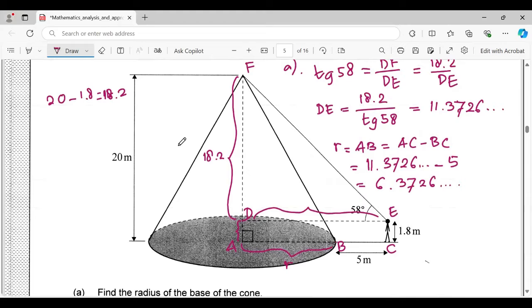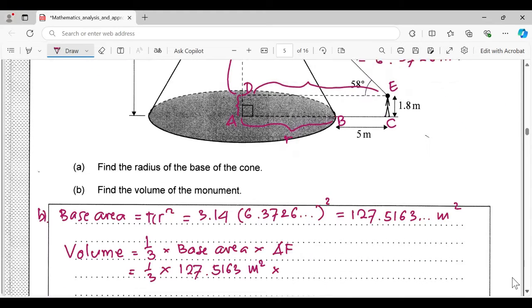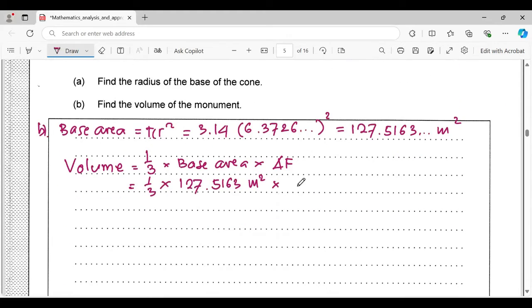AF is 20, times 20. So if you calculate, the result will be 850.11 meter cube. So this is the volume of the monument.